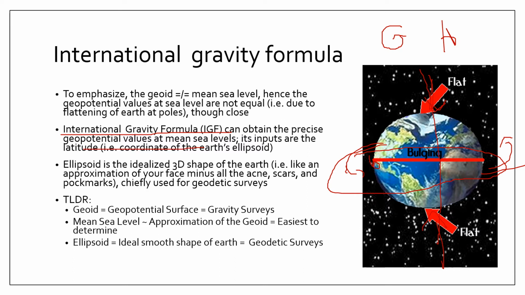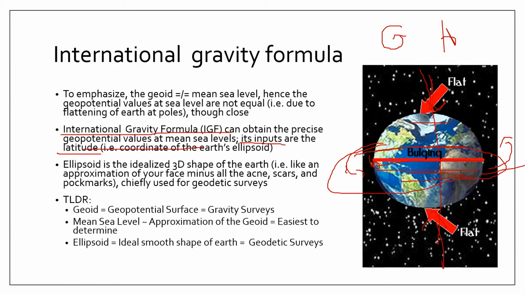So the only thing you have to input in the IGF is the latitude. At the equator we are at zero latitude. As we go far away from the equator, be it north or south, the latitude increases. At the North Pole we are at 90 degrees latitude.